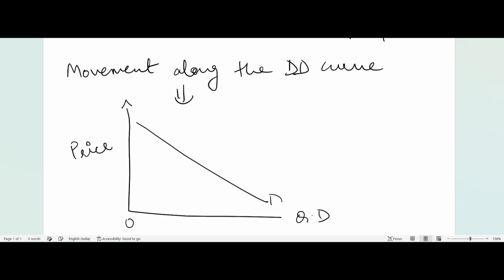This gives you movement along the demand curve. I'm moving from this point to this point to this point. It's a movement along the demand curve. That is always with reference to change in the price of the product with respect to the change in the quantity demanded for that product.